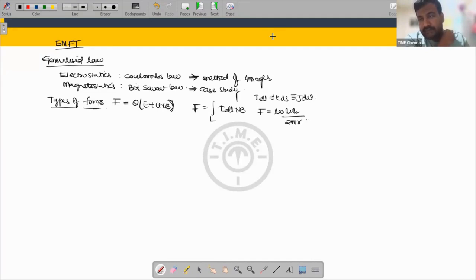We'll take our revision further into Maxwell equations today. First, we'll explain the theory related to Maxwell equations. Then we'll do problem solving.